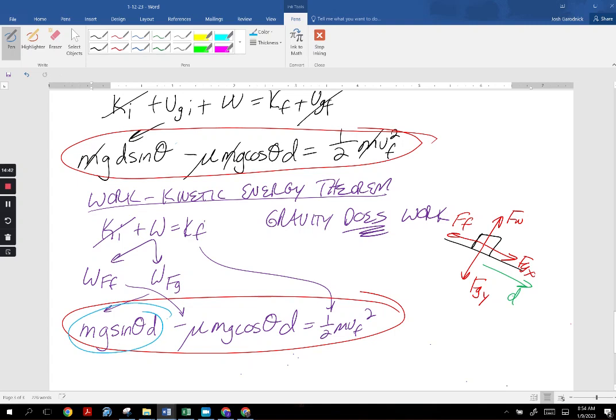In the end, you get the same thing. It just depends on how you define the system. Personally, I think it's so much easier to include the Earth as part of the system, so you get gravitational potential energy. But I just want you to be aware that you might be asked to use the work kinetic energy theorem, and in that case, gravity does work because the Earth is not part of the system.